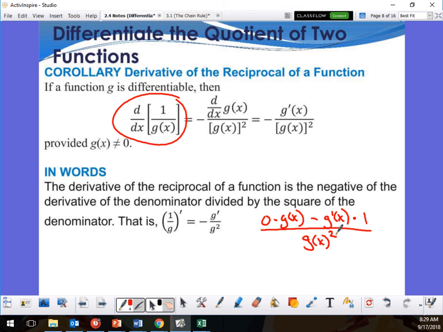So anything times 0 gives me 0. So this cleans up to be negative g prime of x over g of x squared. And that's where we get this one right here. So just taking the derivative of the function's inverse, the reciprocal of it, flipping it over basically.